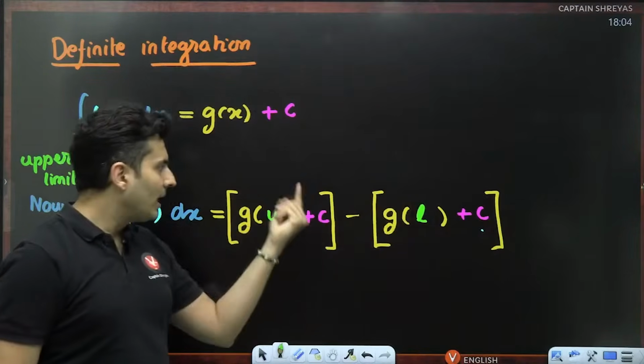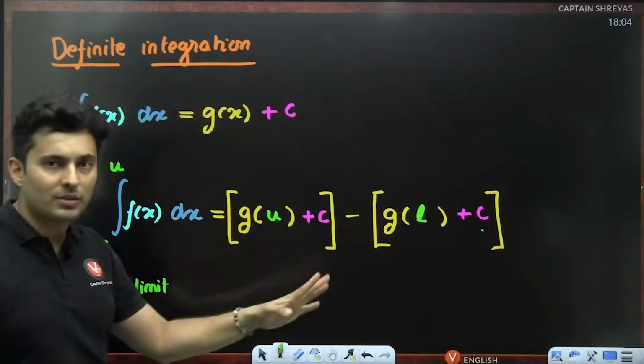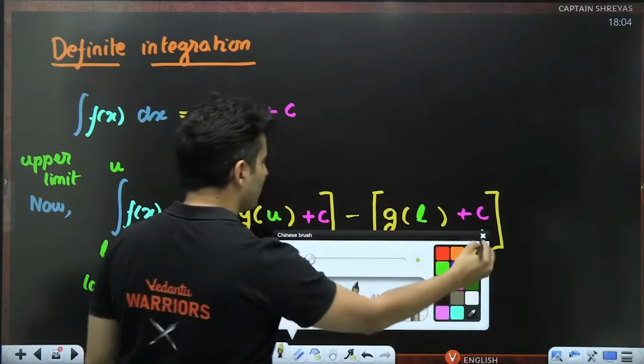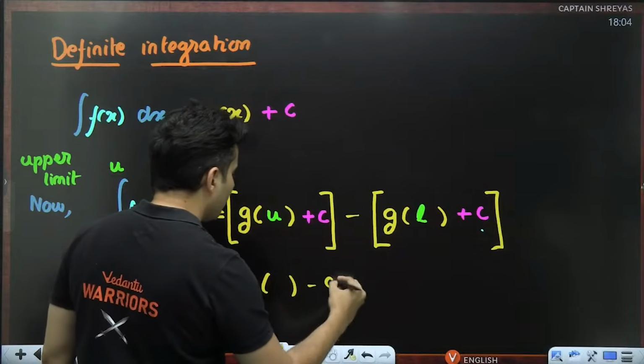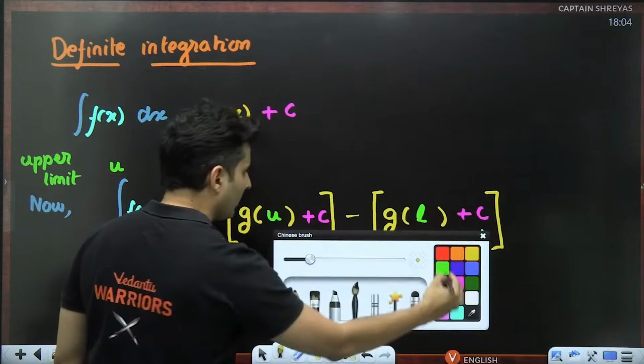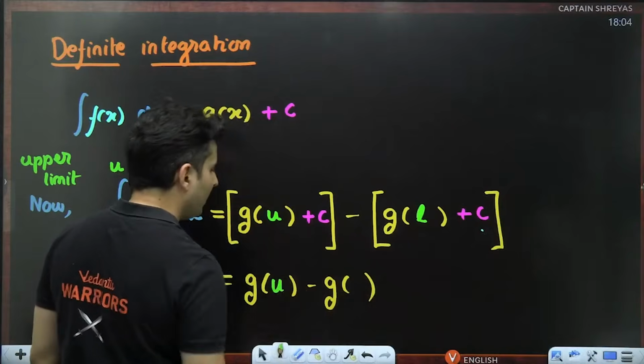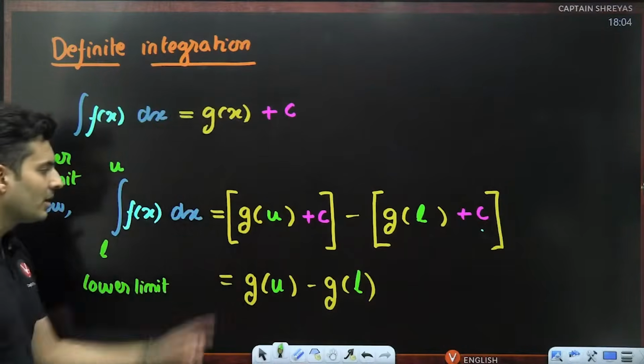And when you subtract, what happens? The constant of integration just vanishes. What you are left with is g of the upper limit minus g of the lower limit.